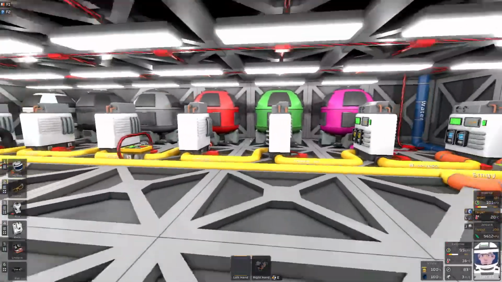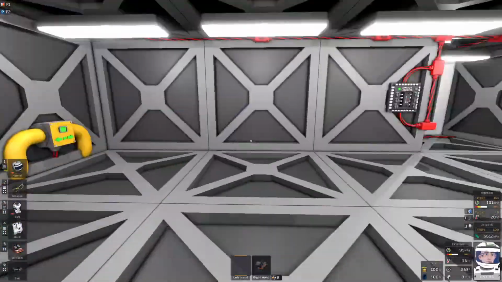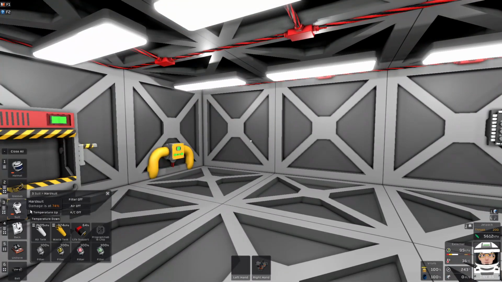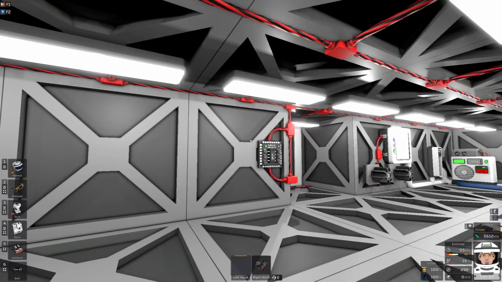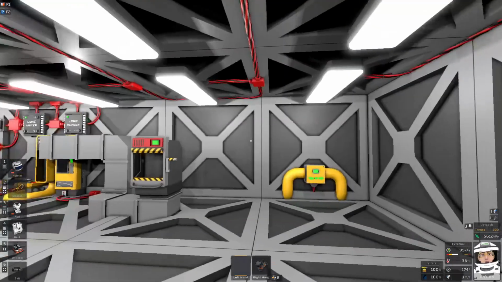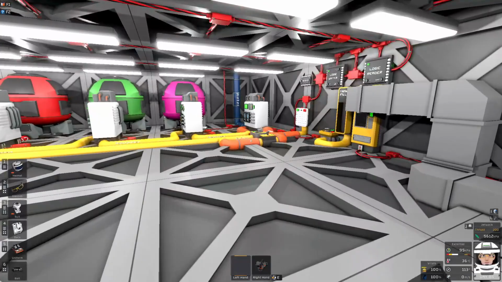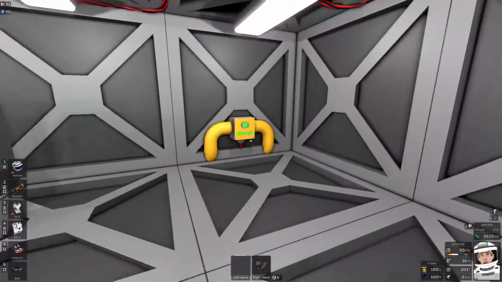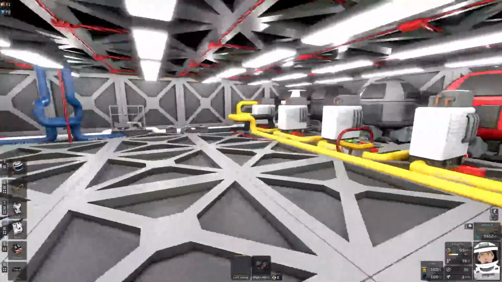Anyway, not important. So this system takes in waste gases, which is usually just air, but with some carbon dioxide in it probably, and maybe pollutant. Aside from that time I blew up the entire base by accident. That was mainly carbon dioxide and pollutants, but it's just generic pollutant, and it sends it through the system.